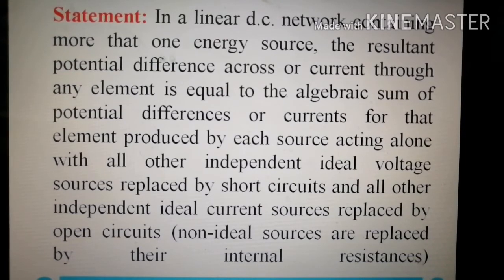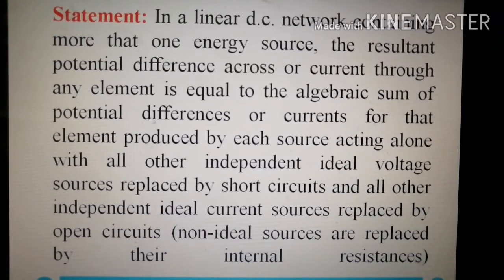In a linear DC network containing more than one energy source, the resultant potential difference across or current through any element is equal to the algebraic sum of potential differences or currents for that element produced by each source acting alone, with all other independent ideal voltage sources replaced by short circuits and all other independent ideal current sources replaced by open circuits.